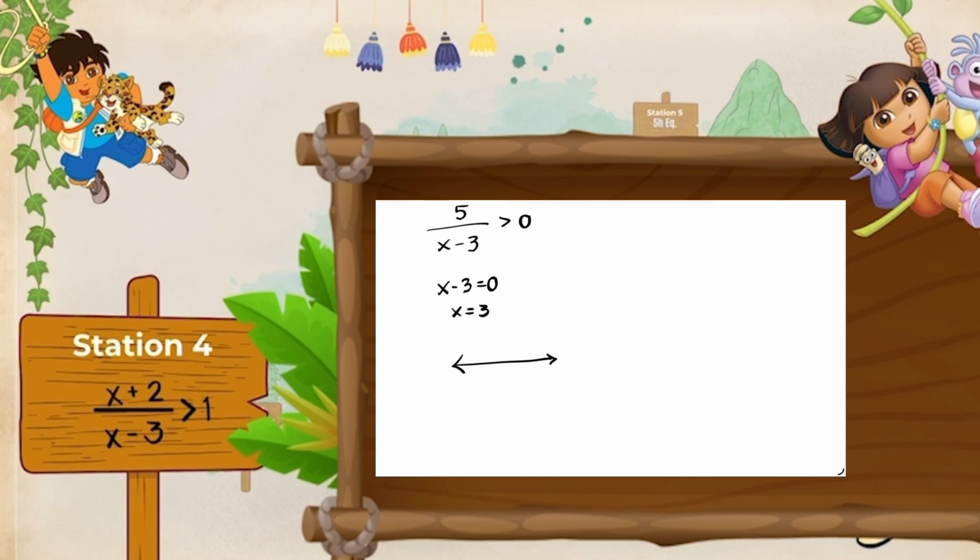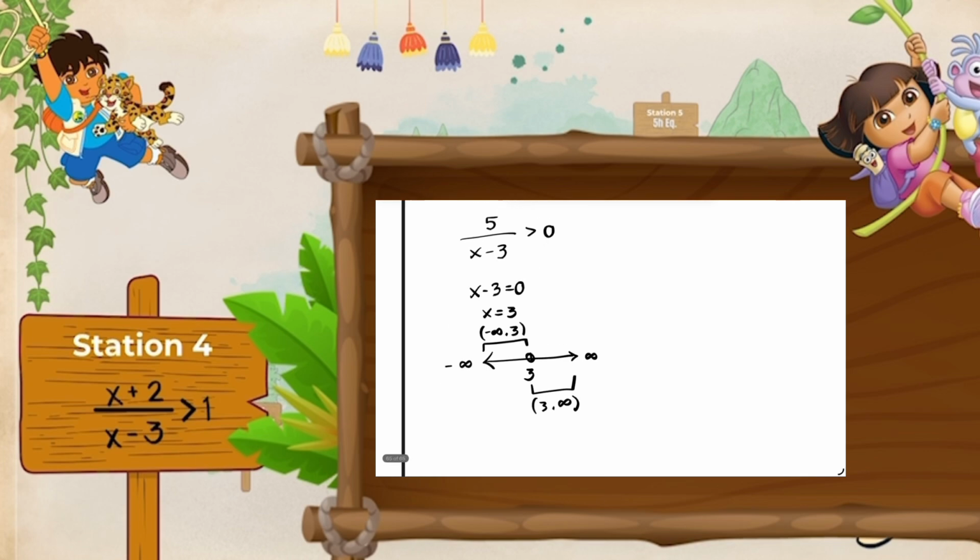Since there's no equal sign in the inequality sign, there won't be any included numbers. Positive 3, so we'll just use a circle. Now let's get the ordered pairs: negative infinity to positive 3, and positive 3 to positive infinity.